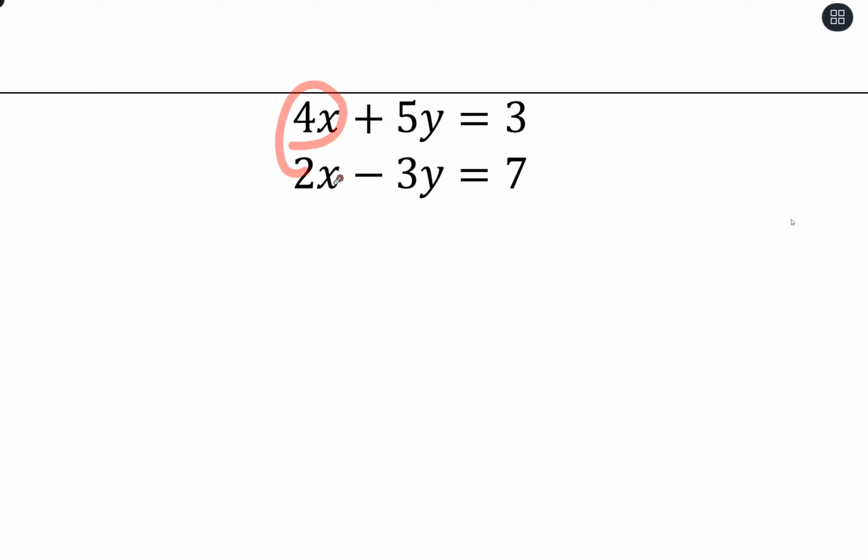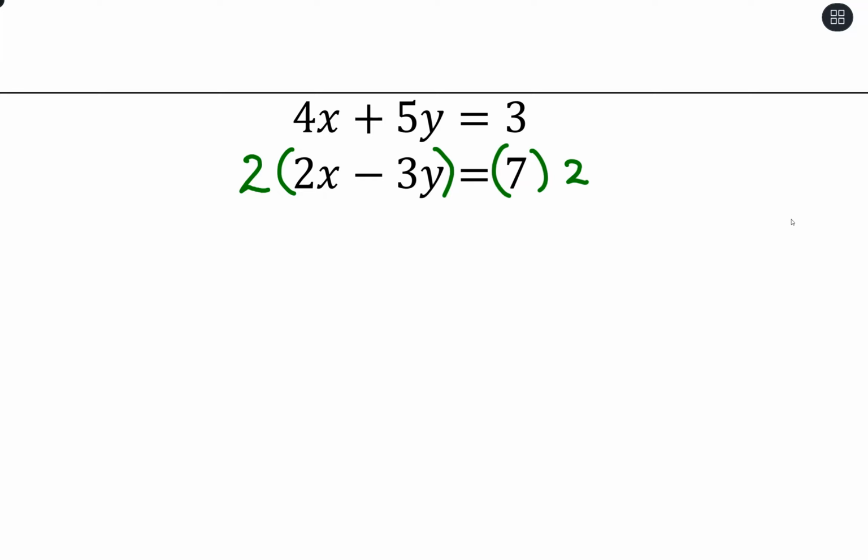Let's say I wanted to focus on canceling out these x values. So we would need the numerical values to both be 4. So I would need to multiply by 2, but also one has to be positive and one has to be negative.